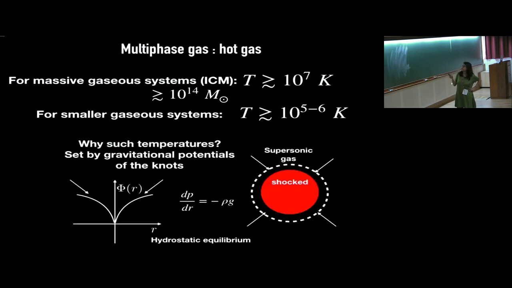So what sets these kinds of temperatures in these halos or gaseous systems? That's basically the dark matter evolution, which causes a gravitational potential well to be there at the location of each knot. And depending on how massive the knot is, that is how much dark matter is there, this potential well could be deeper and deeper.